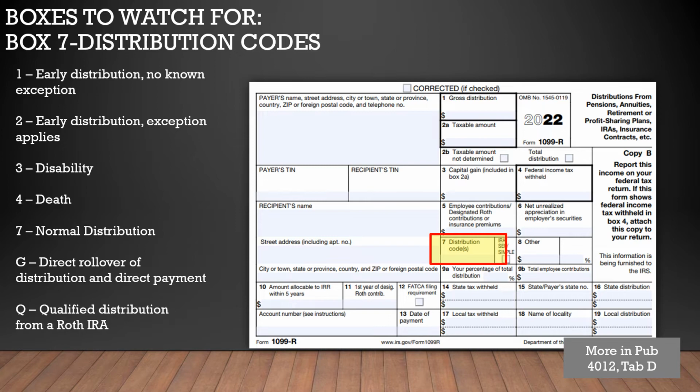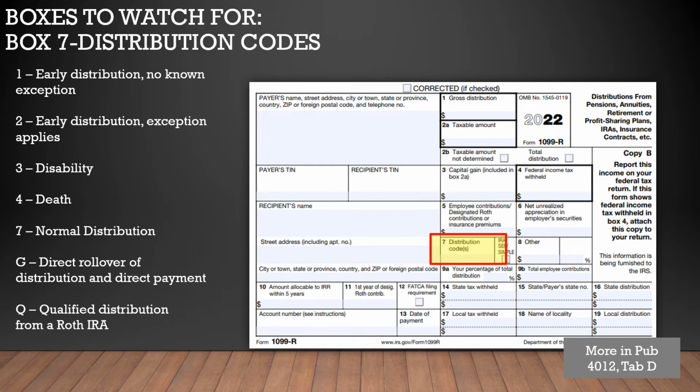A code 3 in box 7 refers to a disability, and this again is really important because ordinarily gross distribution from a retirement account is going to be unearned income.